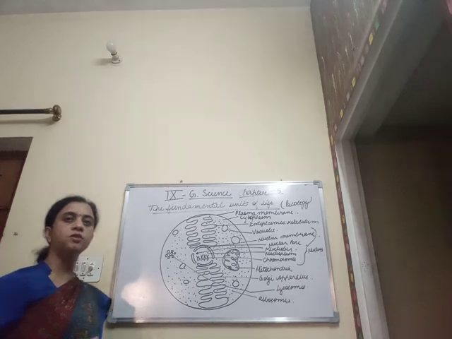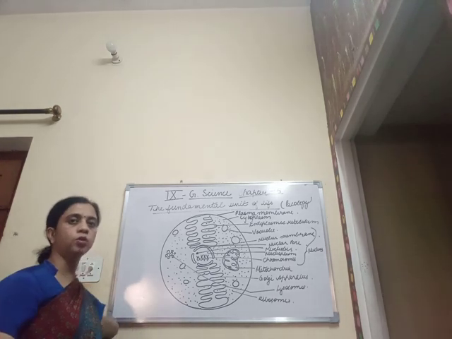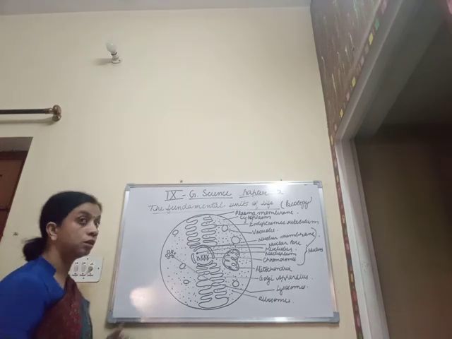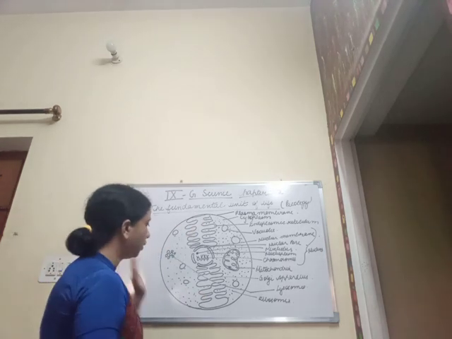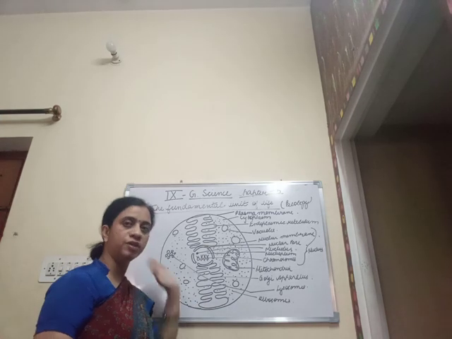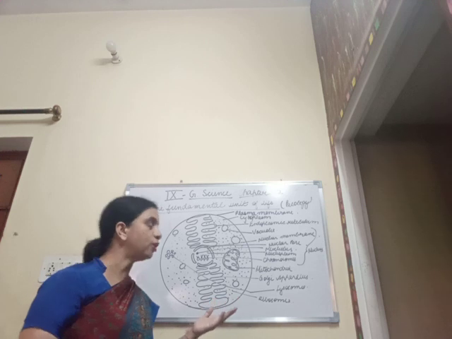So this is the generalized diagram of a eukaryotic animal cell, and it lacks the cell wall. So the very outermost membrane which delimits it from its external surrounding is known as the plasma membrane or the cell membrane, you can call it.